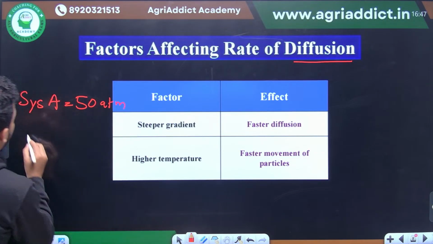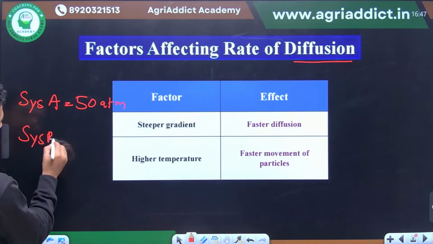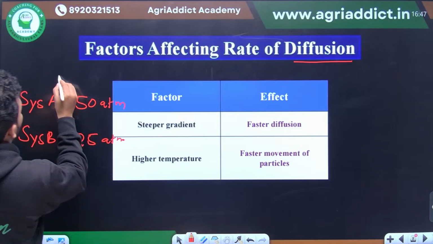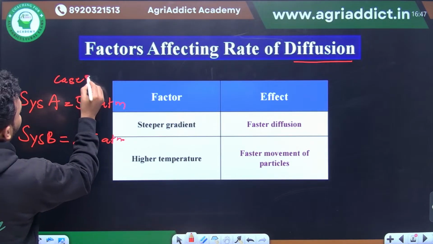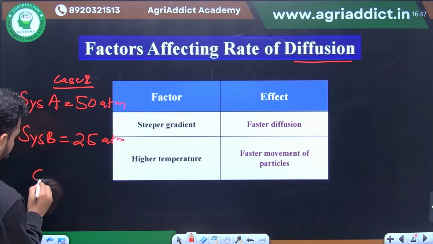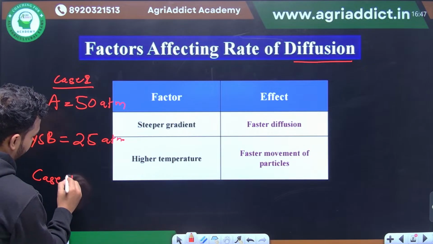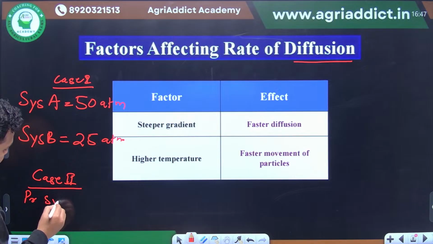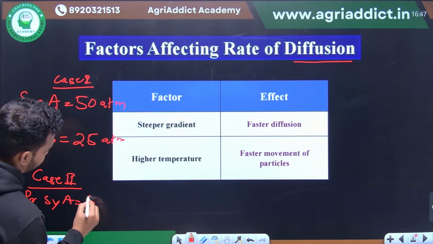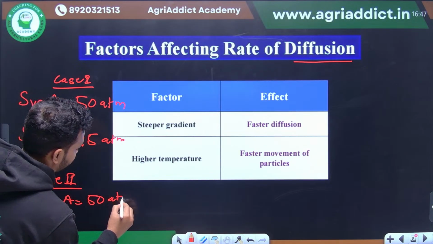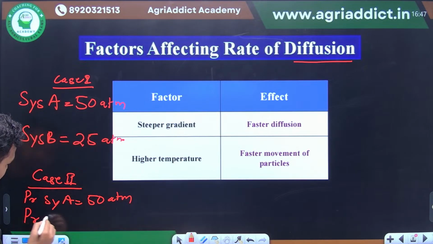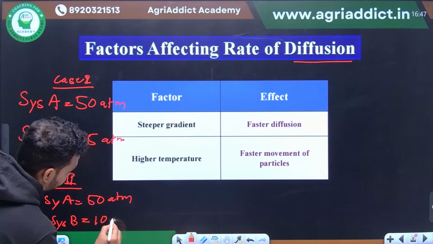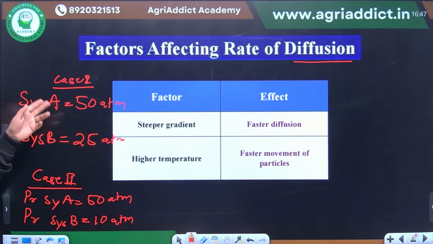Okay, and in system B the diffusion pressure is 25 atm. This is case 1. And in another case, that is case 2, the pressure in system A is still 50 atm, but the pressure in system B is equal to 10 atm. So where will the rate be more?